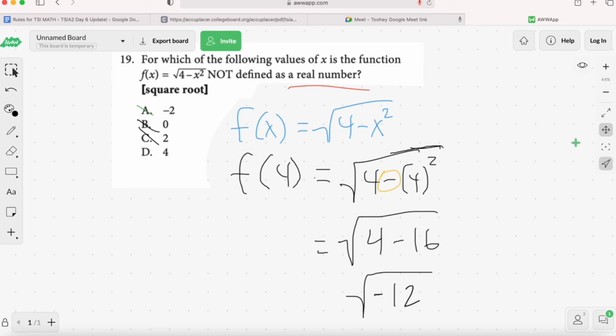I got an error. Because there ain't no such number. There's no number times itself that gives you negative 12. Not a real number. So the answer is D.